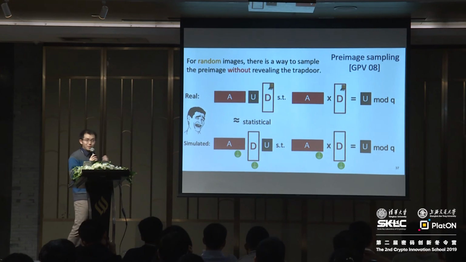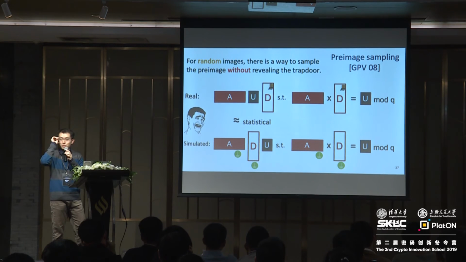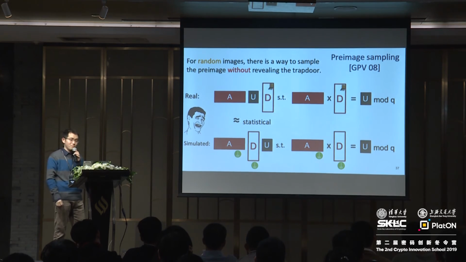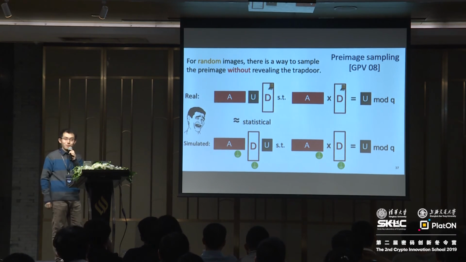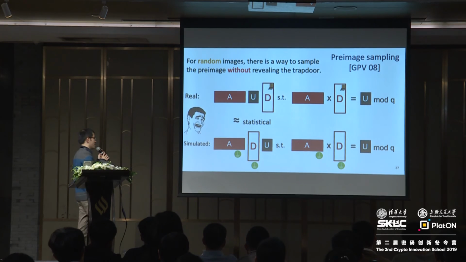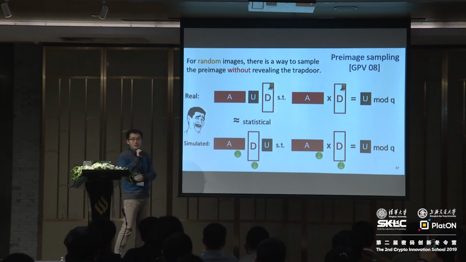This is a very important lemma that we are going to use in the analysis of multilinear maps. Let me give you more flavor of why it's important that U is random.